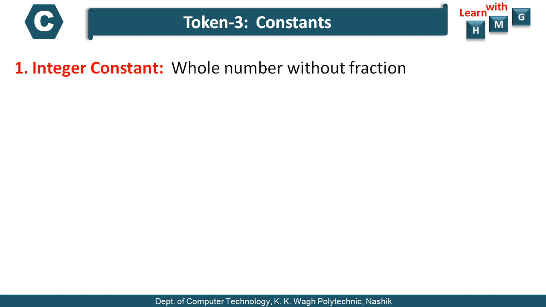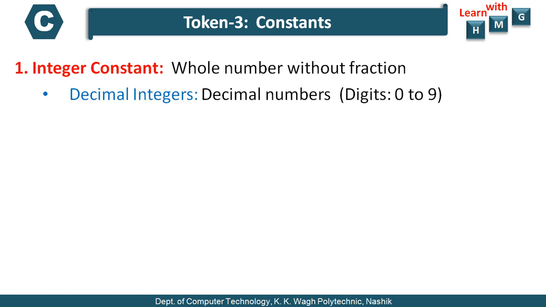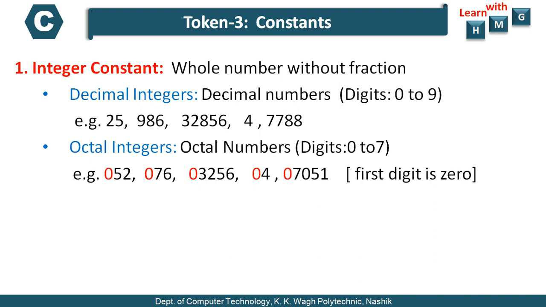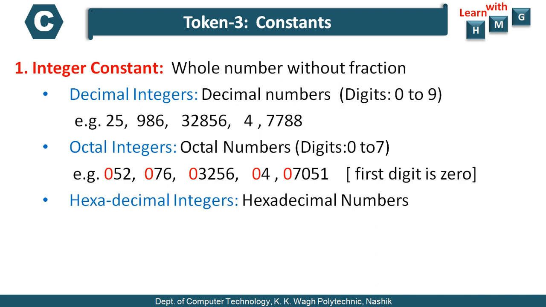The first is integer constant, which is nothing but a whole number without a fraction, that is, without a decimal point. There are 3 types of integer constants: decimal integers, which have decimal digits 0 to 9. Then octal integers, which are octal numbers, that is, digits 0 to 7, beginning with 0 and followed by any digits between 0 to 7.